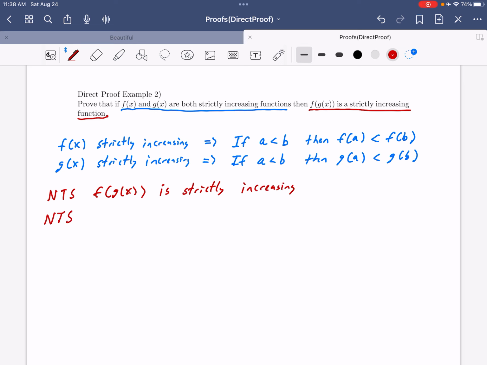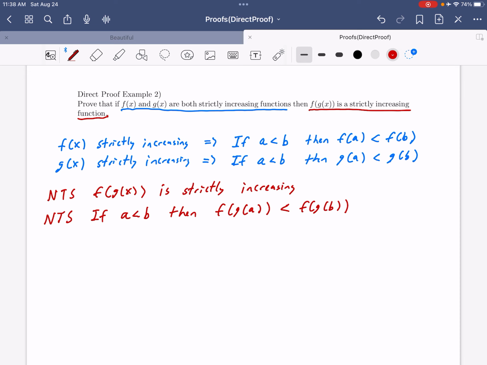We need to show that if we have A less than B, so if we have a small input and a large input, then f of g of A is going to be less than f of g of B. Right? If we put in a small input versus a large input, we get out a small output versus a large output, strictly increasing there.